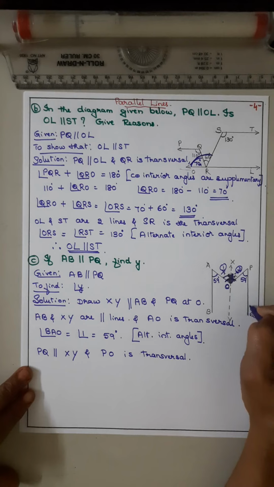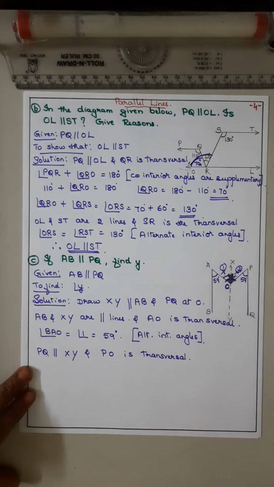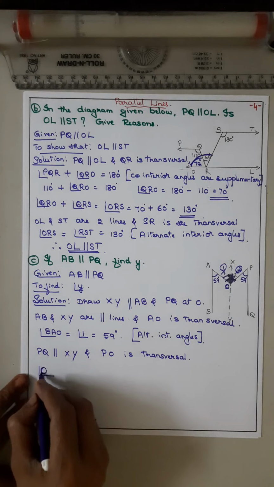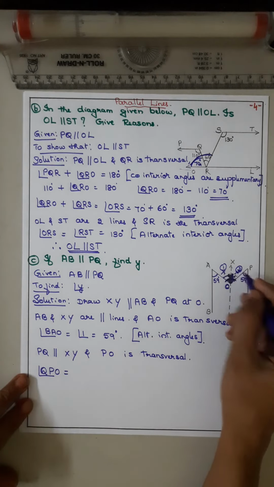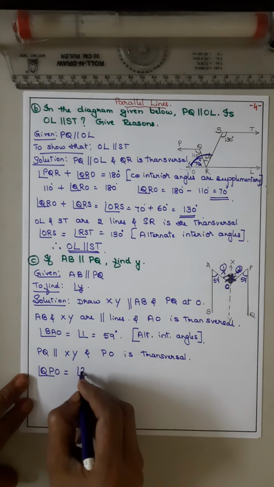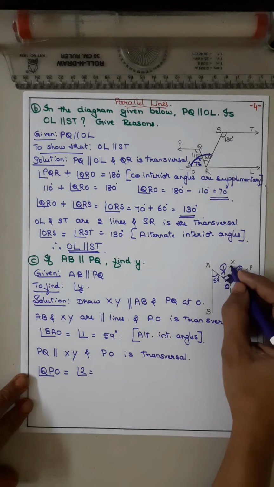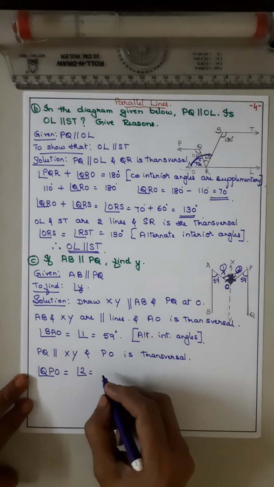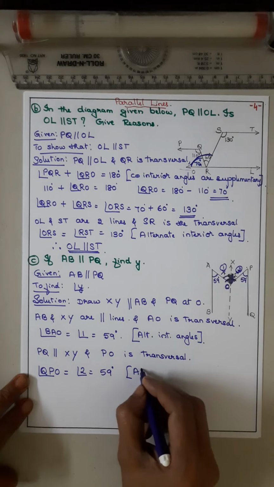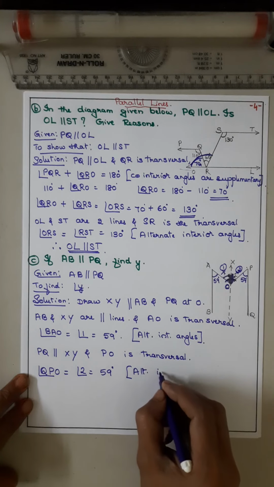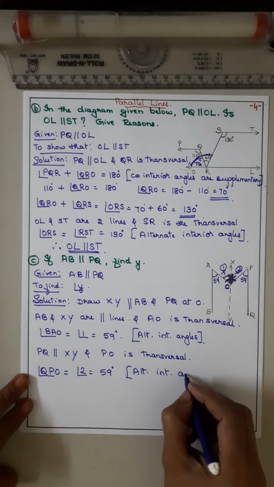See, angle QPO is equal to this angle 2, only this part, half of Y. So again it will be 59. Y, alternate interior angles.